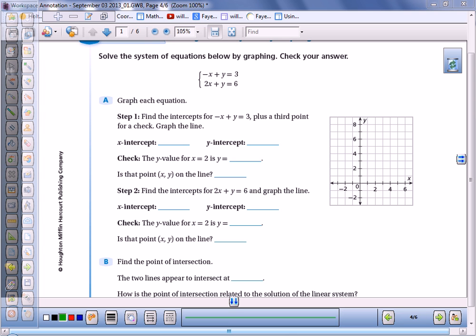This first one's real simple to put in slope-intercept form, isn't it? All we have to do is move the x over, and we get y equals x plus 3. Pretty quick, wasn't it? So we could come up to 3 and plot a point. My slope is 1, so up 1, over 1, up 1, over 1.